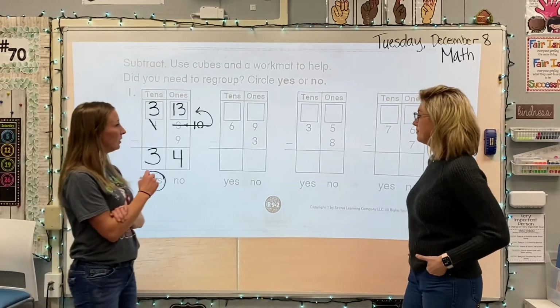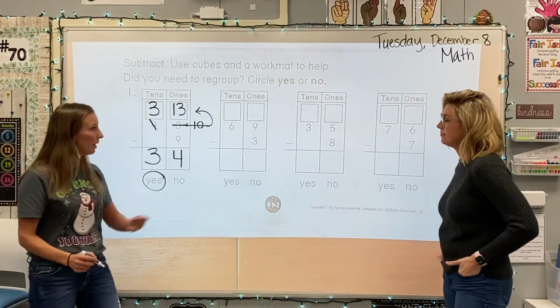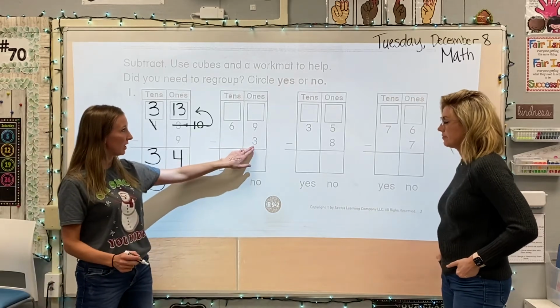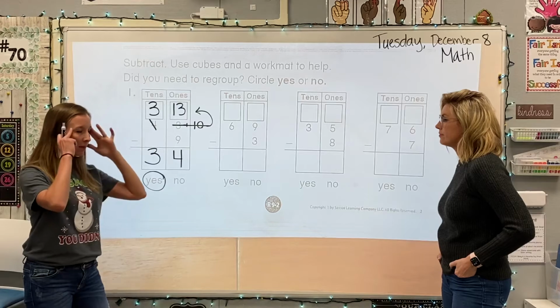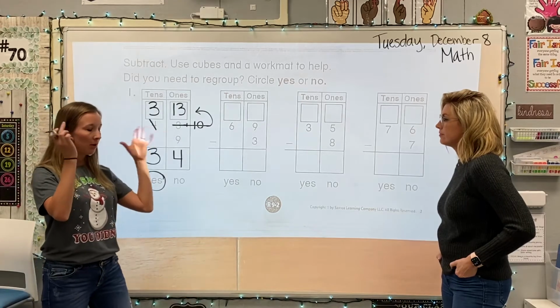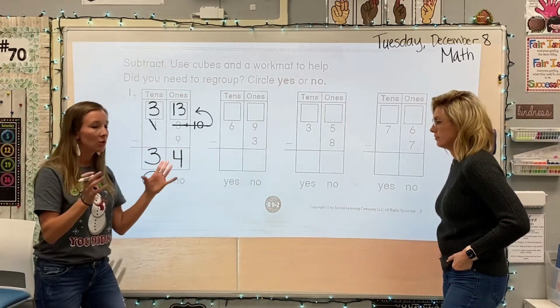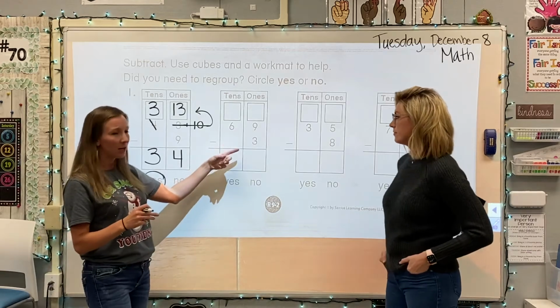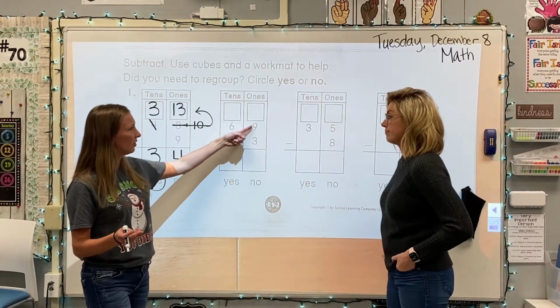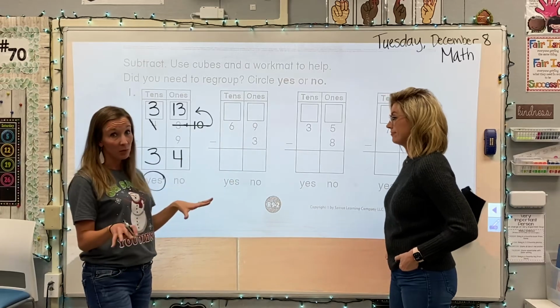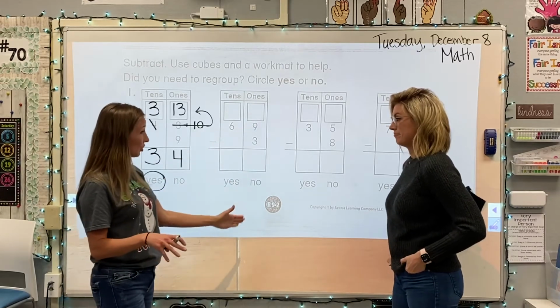All right. Let's try another one. This time we have the problem 69 minus 3. I love how nice and neat everything is set up. And I'm going to go back and think bigger bottom, borrow. Okay, so if the number on the bottom is bigger, then we need to borrow. Well, 3 is smaller than 9, so I don't need to borrow at all. I can just do straight subtraction.